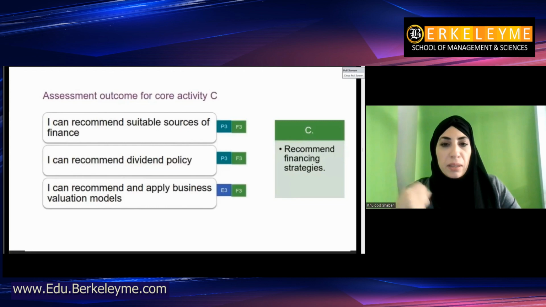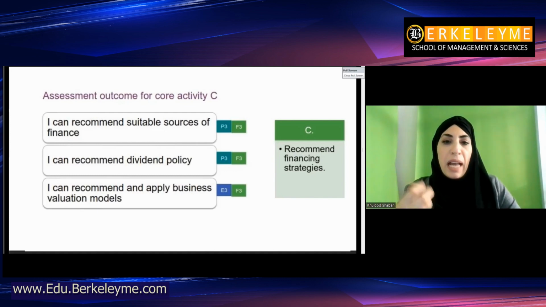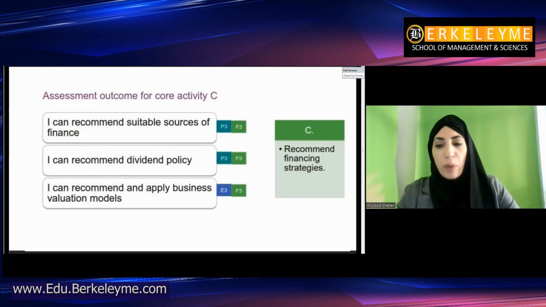Dividend policy, something to also understand. It's not commonly coming in the exams these days, but of course we cannot say that we have to go through each and every topic, because anything can come and anything can change. You will understand the dividend policies and apply the valuation models.